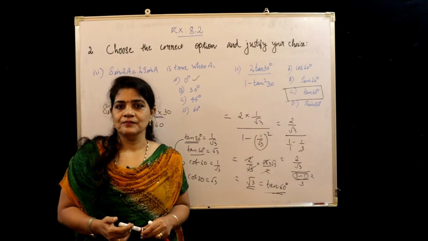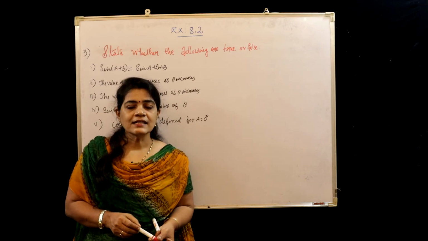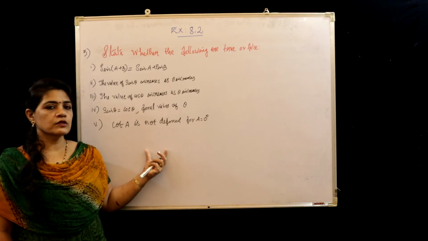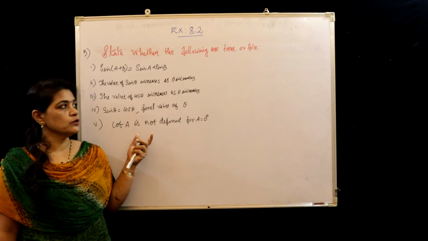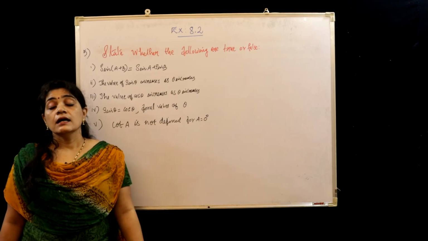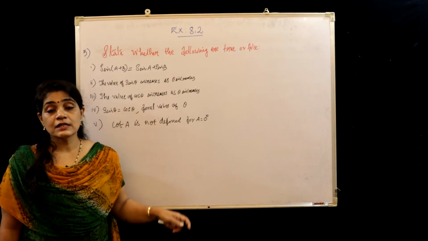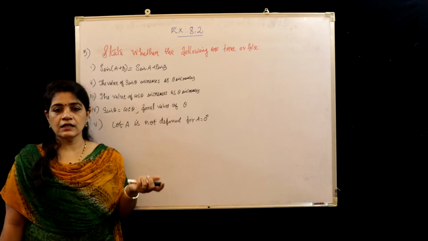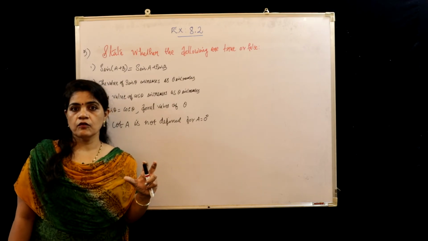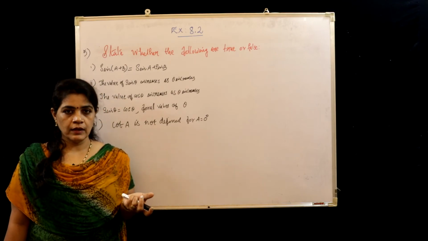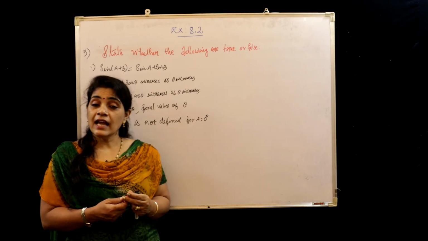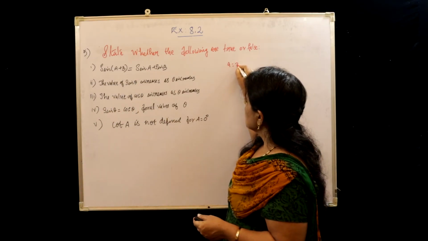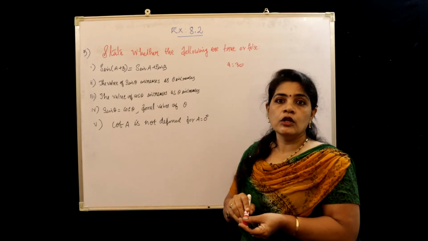Now, the fifth question, state whether the following are true or false. Okay, and we have 5 sub questions under this last question, fifth question, and the first one is sine of A plus B equal to sine A plus sine B. We have to check whether this holds for all measures of angle A and angle B. Okay, for example, I am taking A as 30 degree, A equal to 30 and B equal to 60.